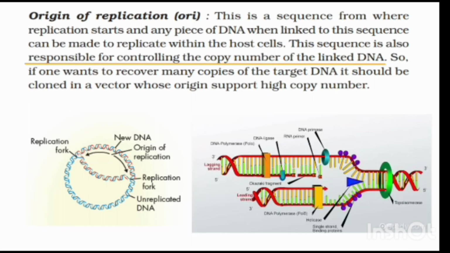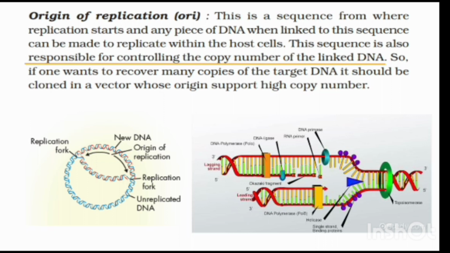Now coming to ORI, what is the origin of replication? Origin of replication is a sequence from where the replication is going to start. And any piece of DNA, when linked to this sequence, can be made to replicate within the host cell. This sequence is also responsible for controlling the copy number of the linked DNA.